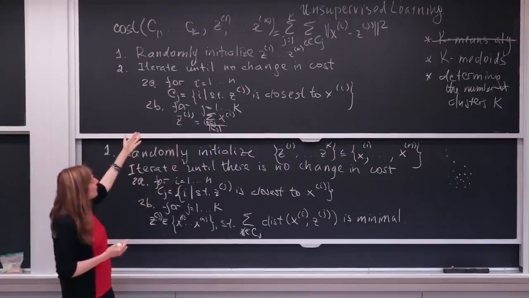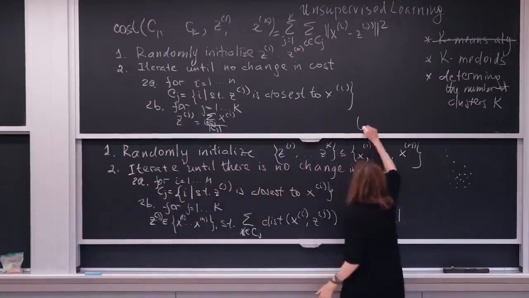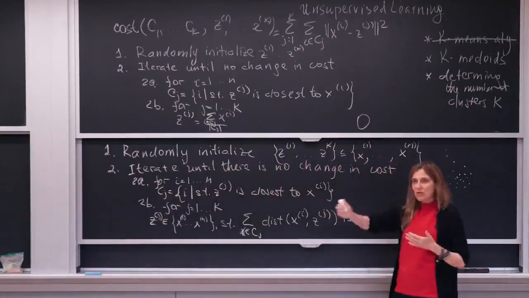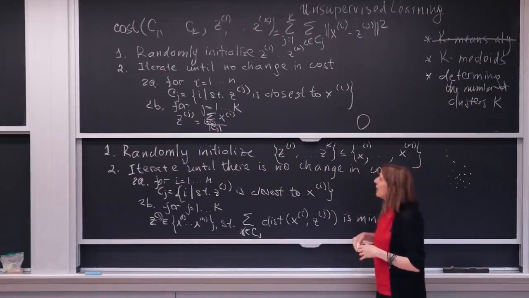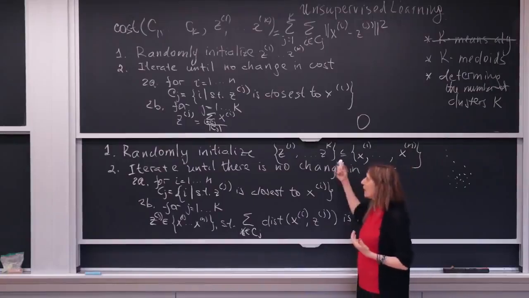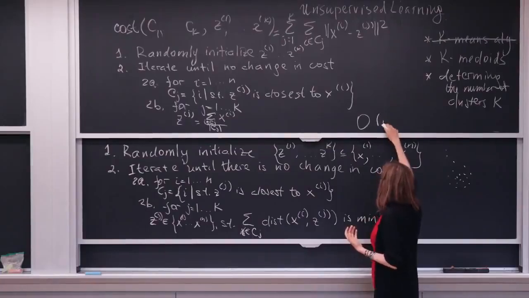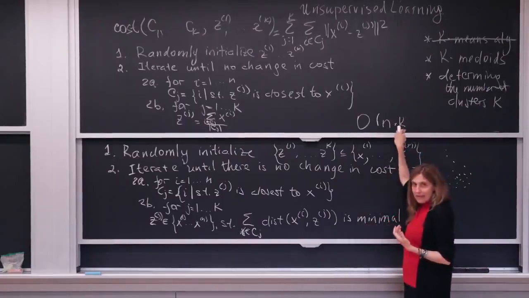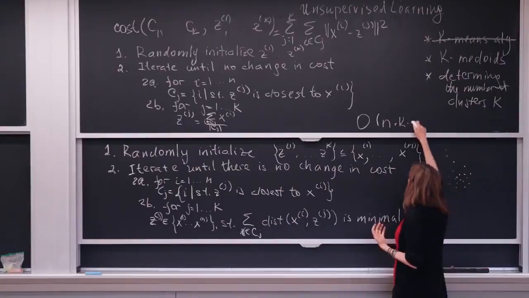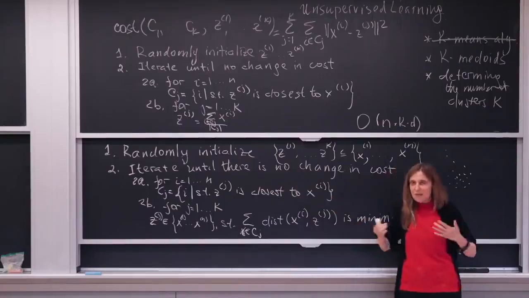In this particular case, again, we're talking about the order of growth, which means that we're going to look at the asymptotic growth and eliminate all the constants. So we can see here that whenever we are doing both of these computations, they will cost us n, because we are doing it for every point, times k, the number of clusters, and maybe multiplied by dimensionality d. Let me explain what I mean.